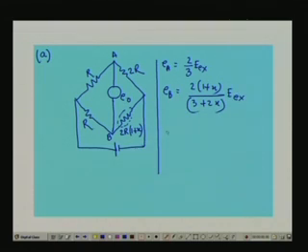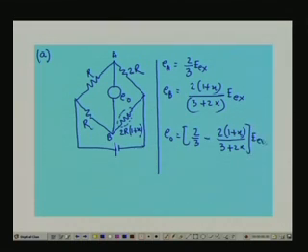Therefore, the output voltage EO will be equal to 2 by 3 minus 2(1 plus x) upon 3 plus 2x, multiplied by the excitation Ex.